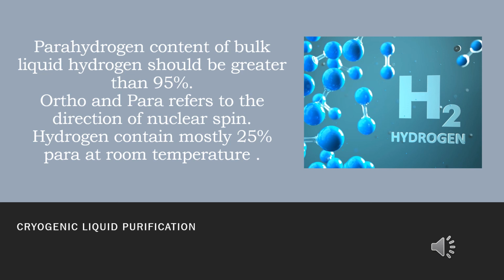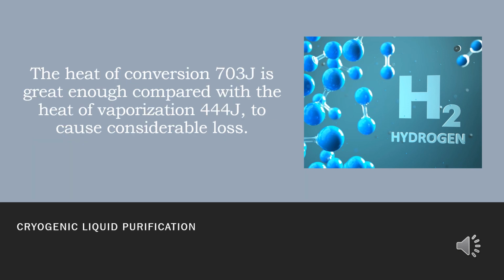During liquefaction, hydrogen should be catalytically converted from the ortho to the para form to prevent subsequent exothermic conversion and evaporation of the product in storage. The heat of conversion of 700 kJ/kg is great enough compared with the heat of vaporization, which is 444 kJ/kg, to cause considerable loss.